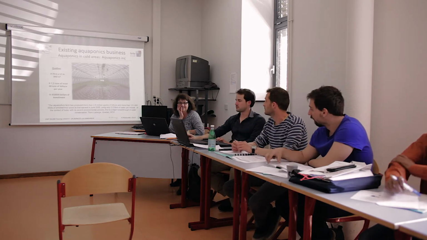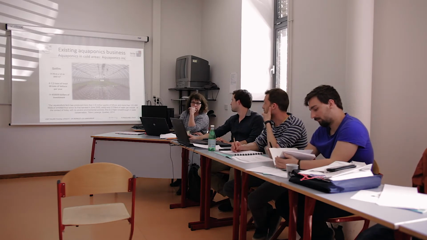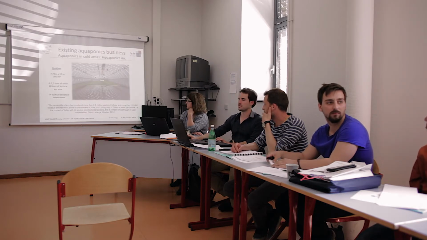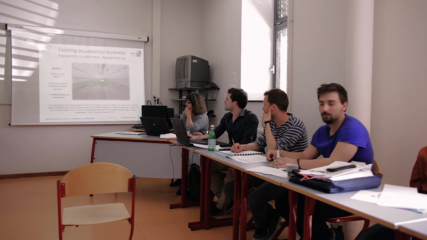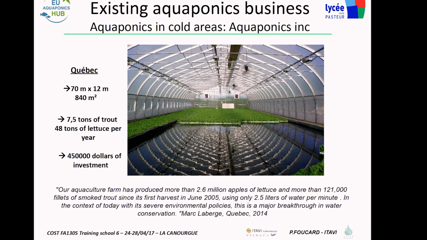Okay, the last part is maybe not so important. It's a little review of what already exists in Europe or in the world more largely. This is in Quebec. It's Marc Laberge's company, Aquaponics Inc. It's only 840 square meters, so we can say it's a medium-scale aquaponics system.